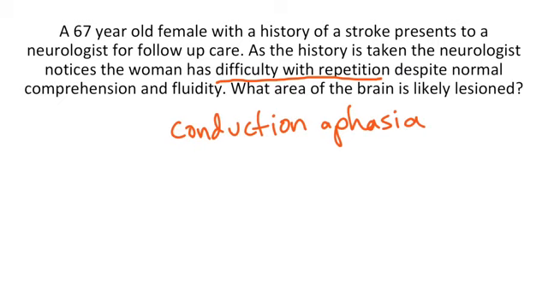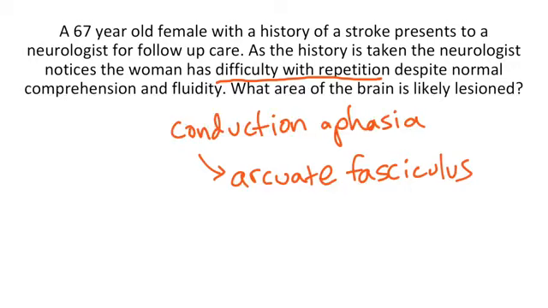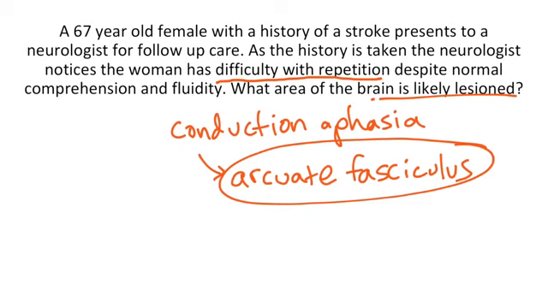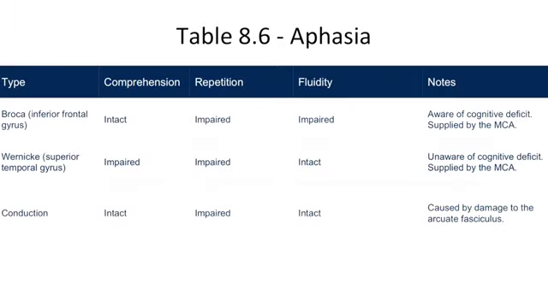Again, conduction aphasia is caused by damage to the arcuate fasciculus. So we're asked what area of the brain is likely lesioned. This would be the arcuate fasciculus. From table 8.6, we can see that conduction aphasia results in impaired repetition with intact comprehension and fluidity.